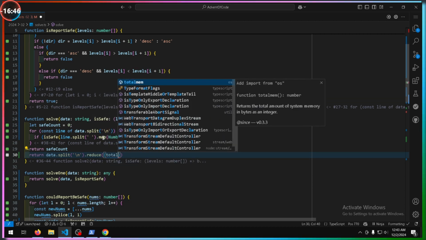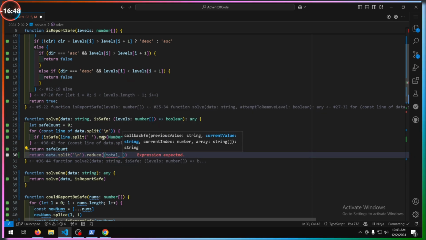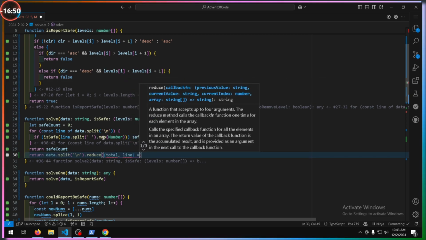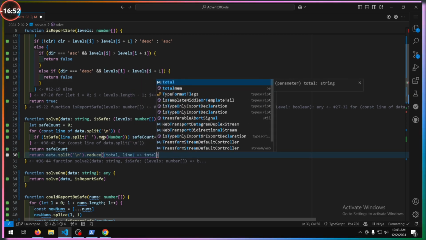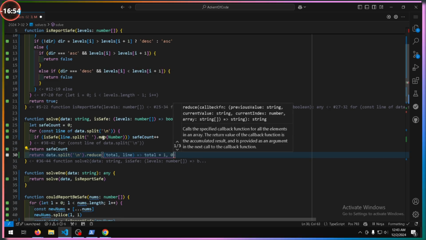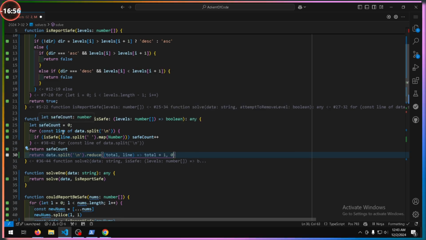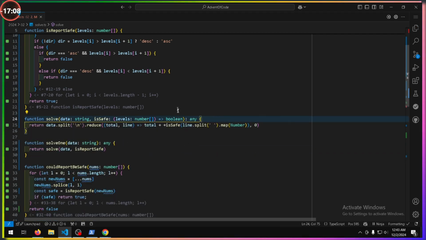Use total, and then we have line total plus 1. I'll start at 0. It's not 1, it's this thing, but as a number. So as you see, everything's still green. This works. It's a little Code Warsy though.